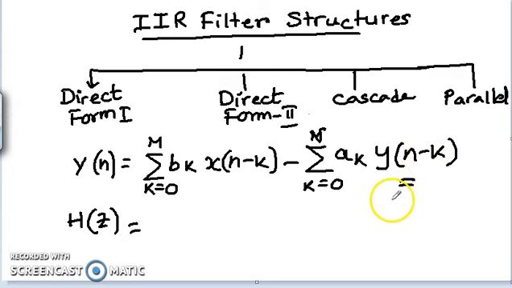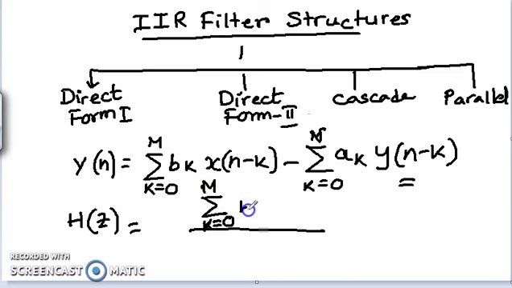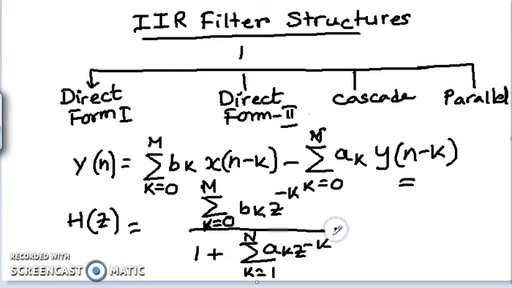So if we take the form in this way, we will get the generalized transfer function as the summation of k equal to 0 to M of b_k z to the power minus k, over 1 plus the summation of k equal to 1 up to N of a_k z to the power minus k. We have discussed this part.